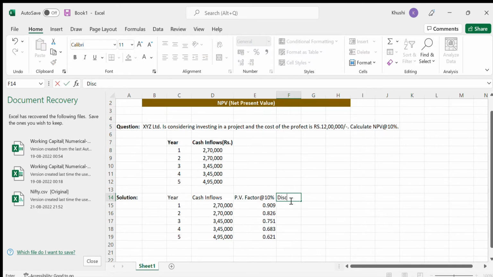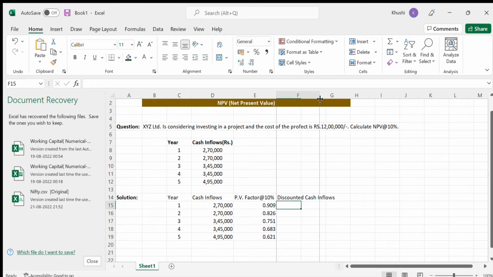Now, the next column we will make is discounted cash inflows. For that, we will just multiply cash inflows with the PV factor, present value factor, or the discounted factor, and then we will get the discounted cash inflows. Only this much we have to do.